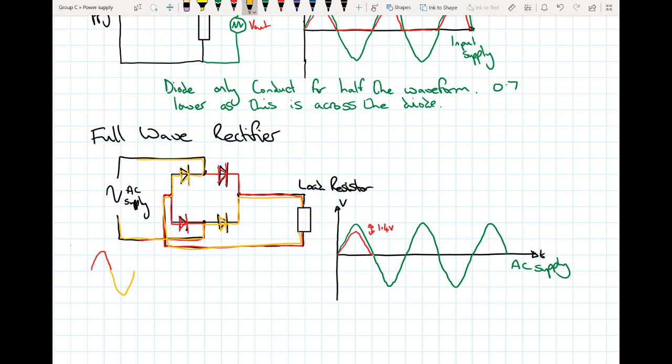So when we get our negative cycle, we get it conducting like so. So there we have a series of humps. Like I say, you've got to remember it is 1.4 volts less because of the two diodes.